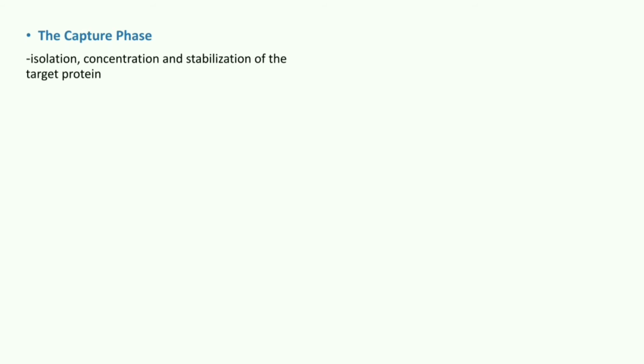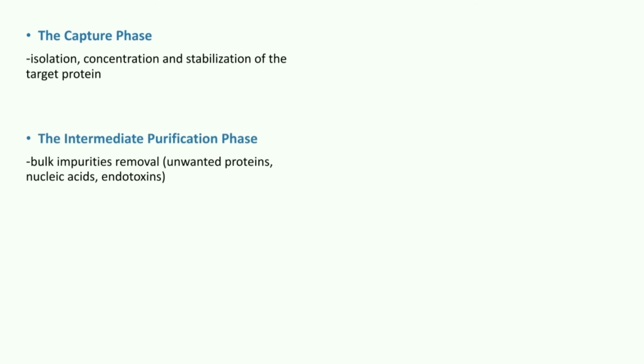In the capture phase, we have to isolate, concentrate and stabilize the target enzyme. The next phase is the intermediate purification phase. In this phase, we have to remove the bulk impurities from many other unwanted impurities. These unwanted impurities can be other proteins, nucleic acids, endotoxins and very closely related structures which are not removed.